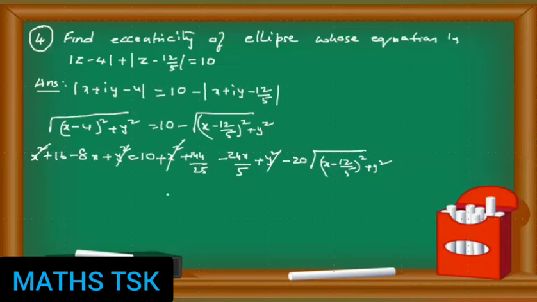Or else you can write like this, 20 into, let us cancel with 4, 4 2s. Here it is 10, no? 144 by 25 plus 144 by 25 minus 24x by 5 minus 20 into root of 5x minus 12y.